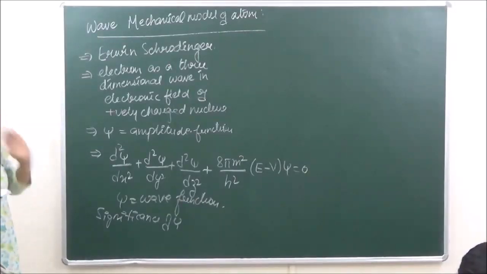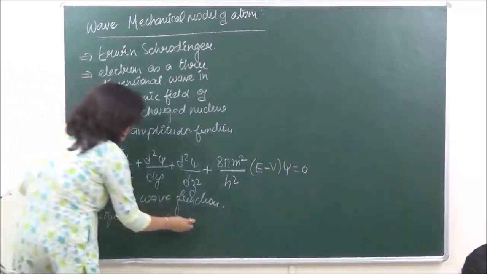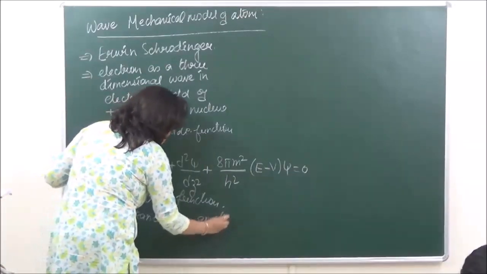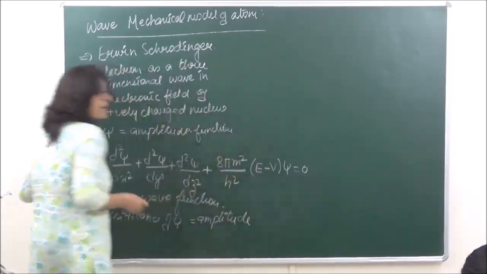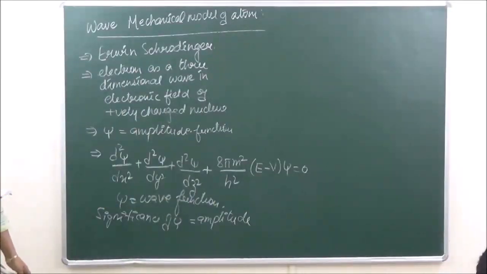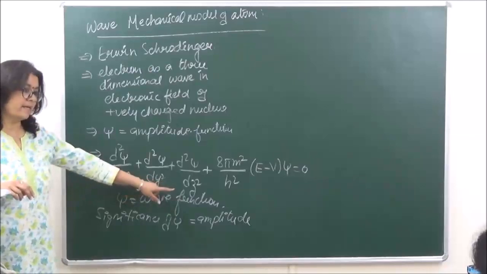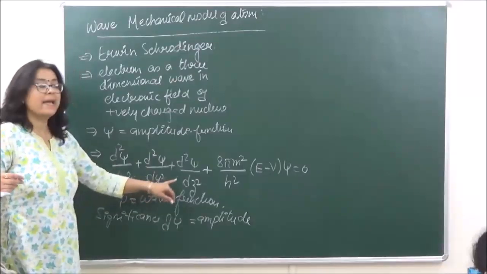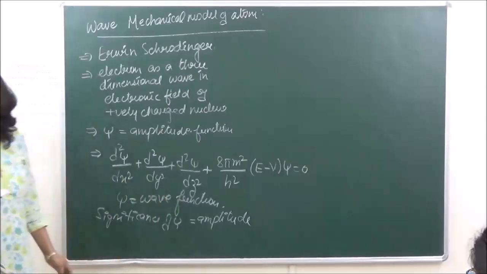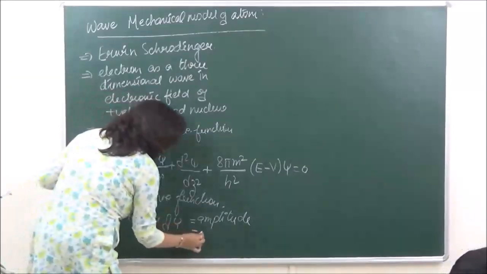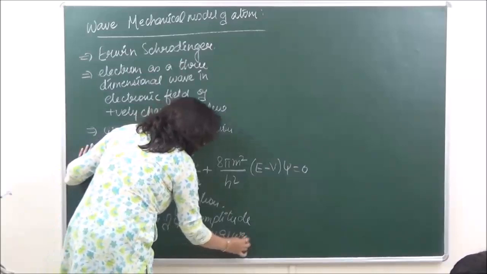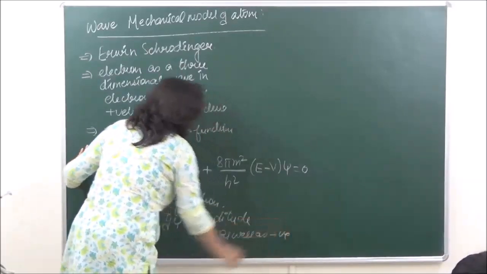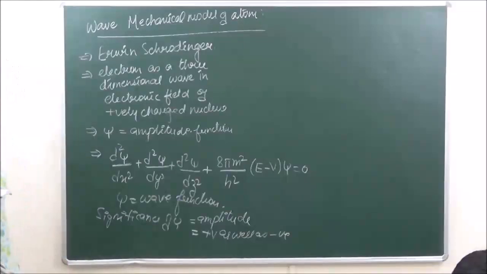That the wave function psi is related to the amplitude of the wave in terms of the coordinates x, y and z, in all the three dimensions, and it may have positive as well as negative values.